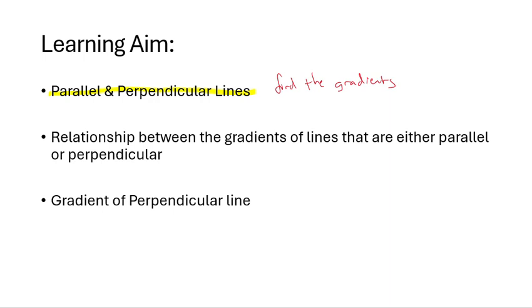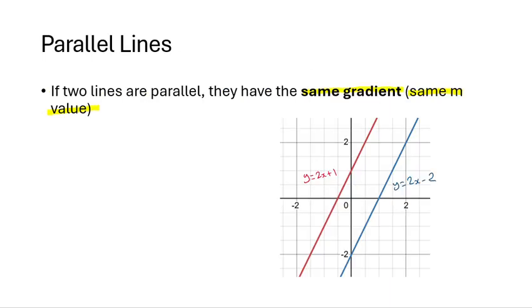For the general kids, all you're doing is finding the gradients of parallel and perpendicular lines, whereas students who plan on doing advanced maths are asked to find the equation of the line as well. But if there are people who want to try and get into advanced maths, I would highly recommend just watching the whole thing.